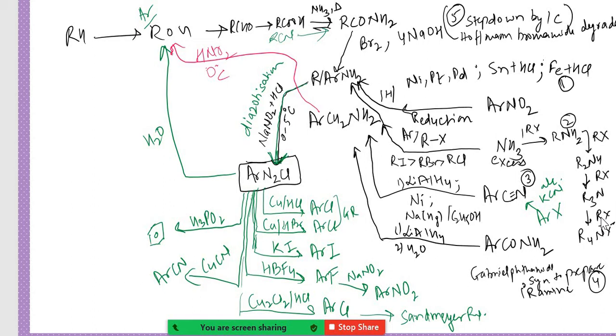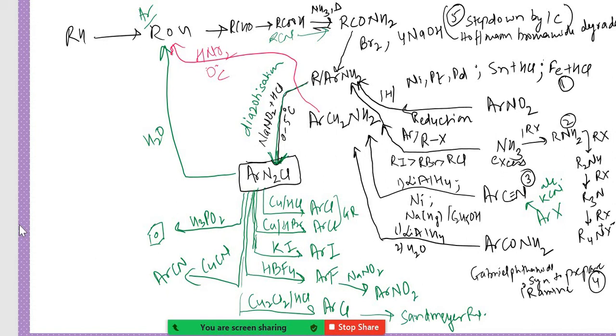Okay, but if I want to make only primary amine as a major product, I can take an excess of ammonia and less of RX. If I take just 1 mole of RX and more of ammonia, then I can get primary amine.